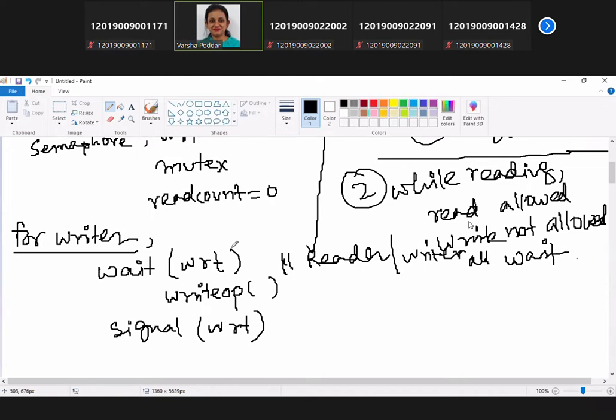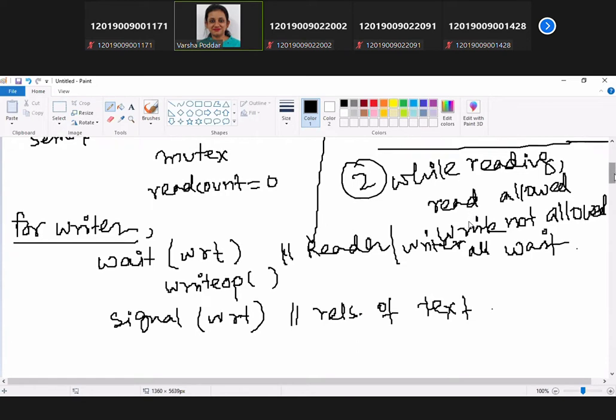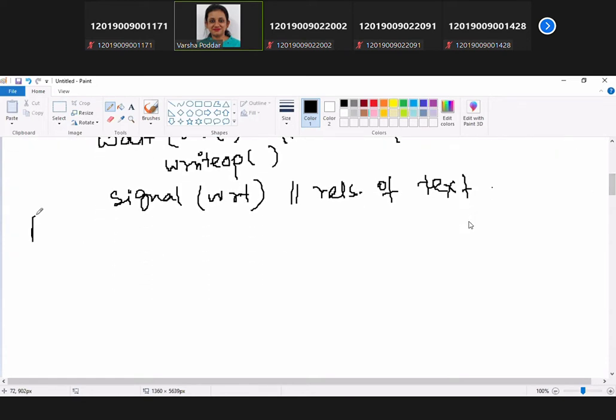But in case of read, and then the release of the text, right? The critical section. In case of read, we have to do it with a bit of complication, right? So for readers, more than one reader.